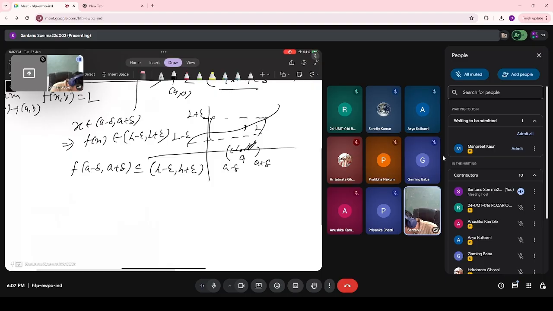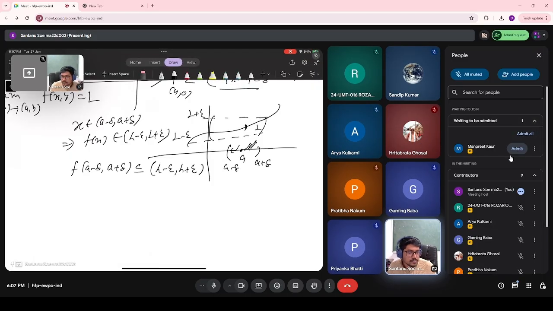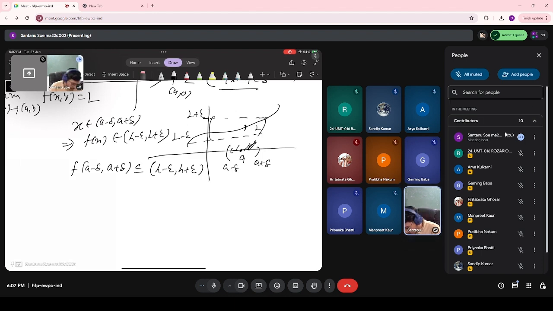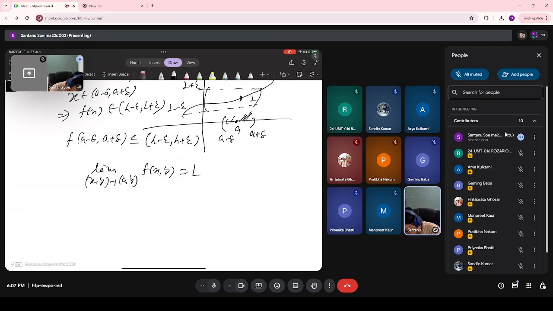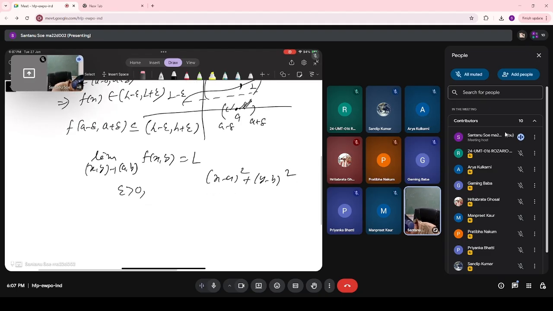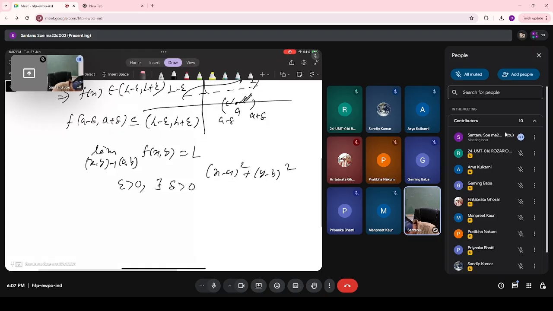So if we say the limit as (x, y) tends to (a, b) of f(x, y) is L, that means if you take a neighborhood, say a circular neighborhood, then given an epsilon greater than 0, you can find a delta greater than 0 such that whenever this holds, this will imply that the functional value minus the limit is always less than epsilon.